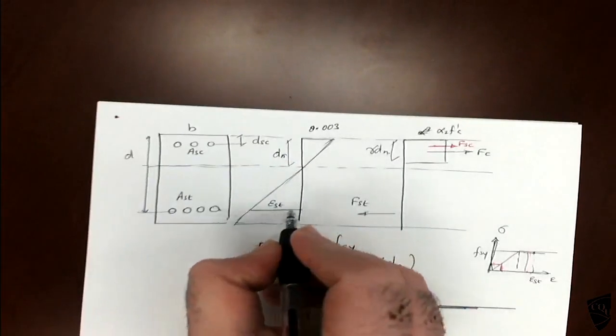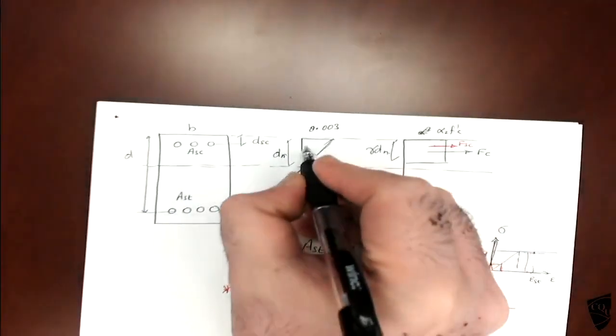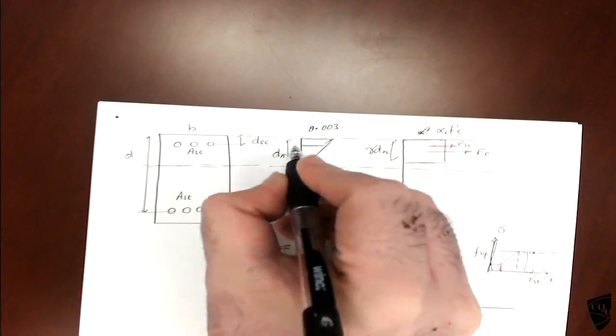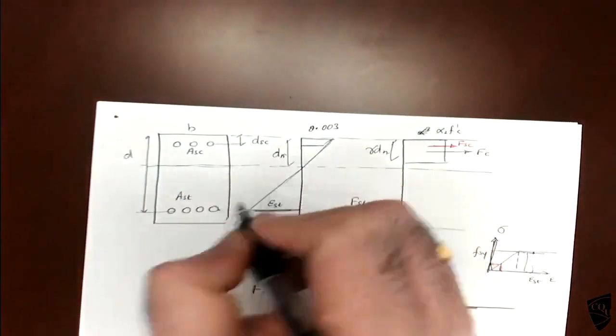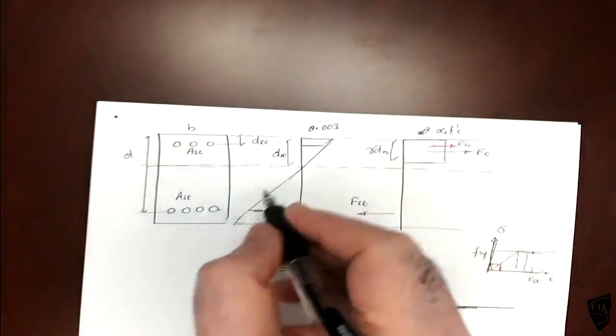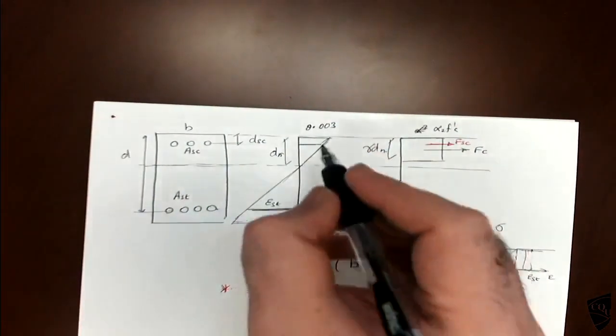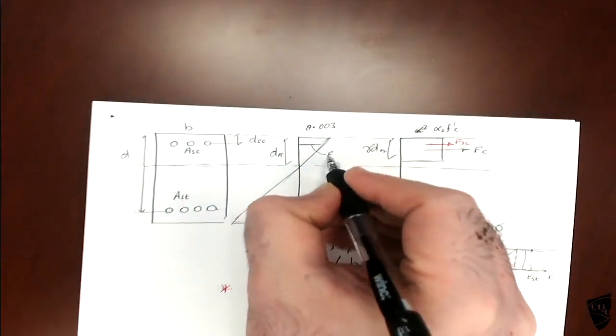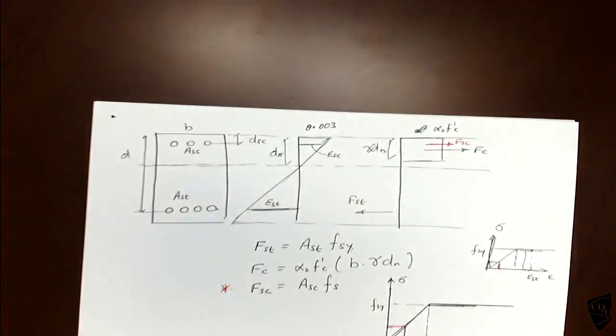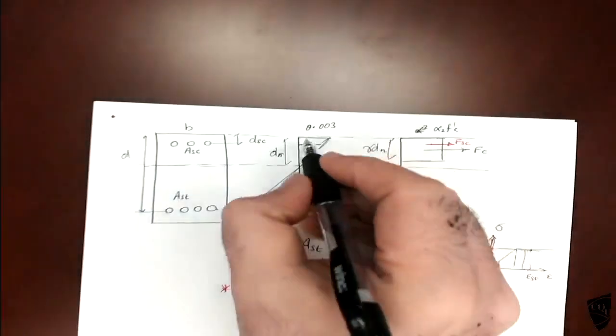This is the tensile reinforcement strain, the strain in the concrete, this one. This is the strain distribution. So we need to know what is the compression reinforcement strain first. Okay, you don't know the strain, so we need to find out. So how to find out this strain?